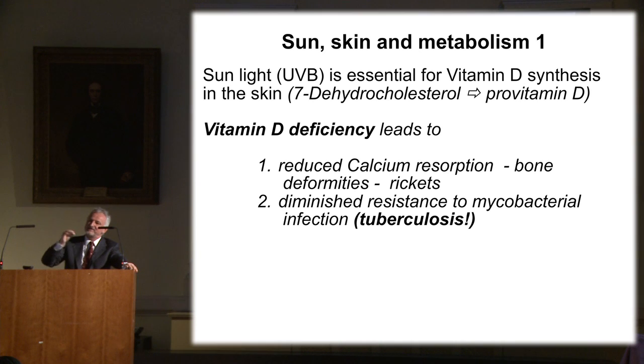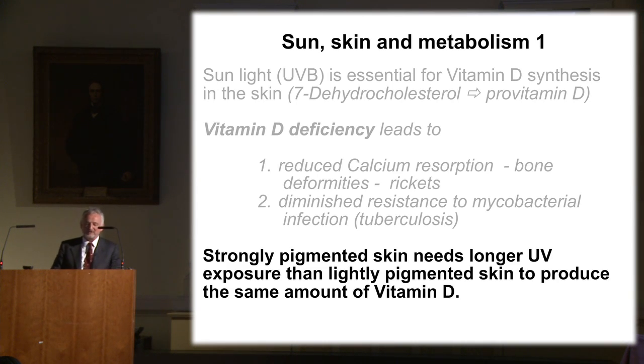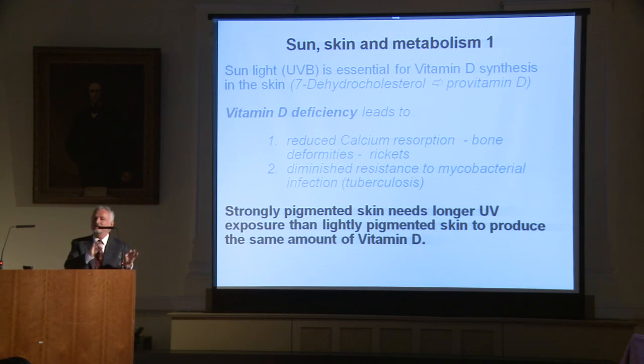And vitamin D deficiency makes people more susceptible to infections. So strongly pigmented skin needs longer UV exposure than light pigmented skin to produce the same amount of vitamin D. So this is certainly a physiological difference between light and dark skin.